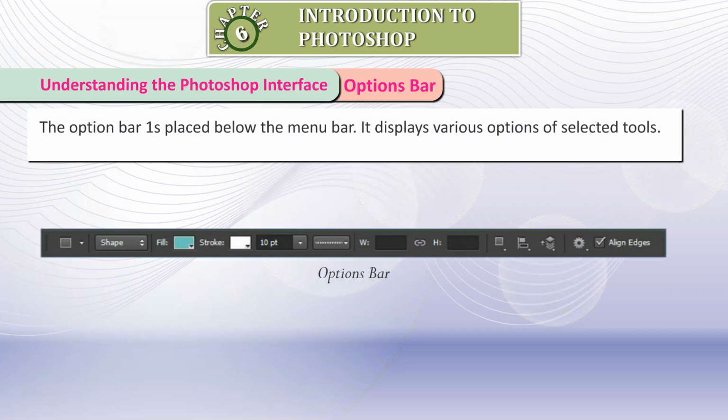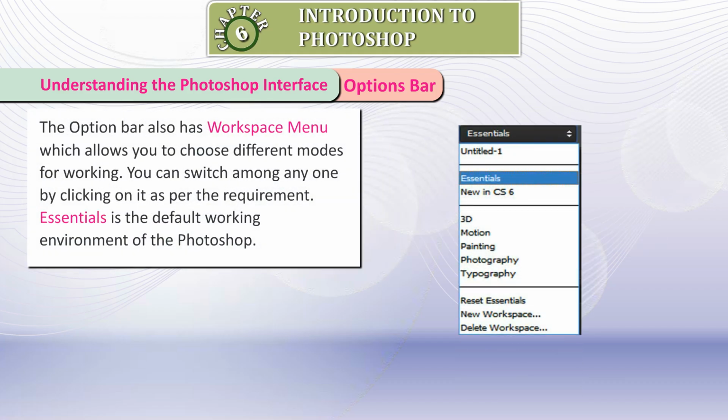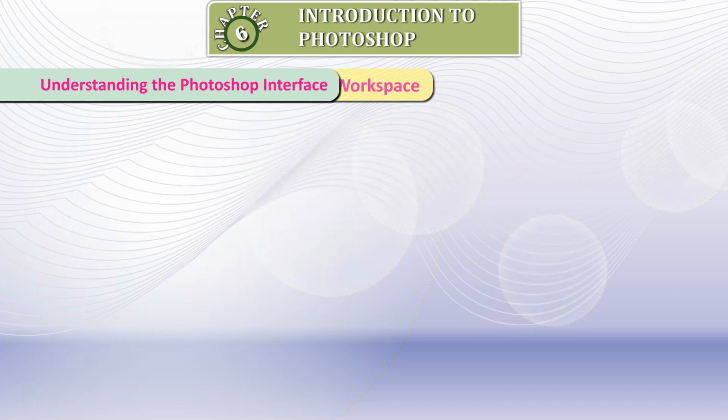It displays various options of the selected tool. The option bar also has a workspace menu, which allows you to choose different modes of working. You can switch among them by clicking on one as per the requirement. Essentials is the default working environment of Photoshop.